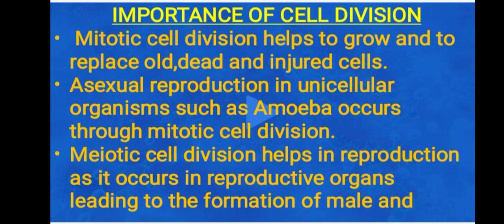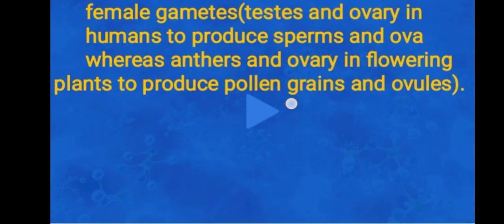Meiotic cell division helps in reproduction as it occurs in reproductive organs, leading to the formation of male and female gametes. It occurs in testis and ovary in humans to produce sperms and ova, whereas it occurs in anthers and ovary in flowering plants to produce pollen grains and ovules.